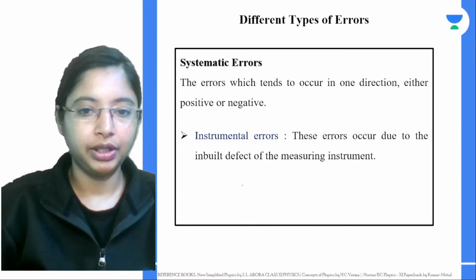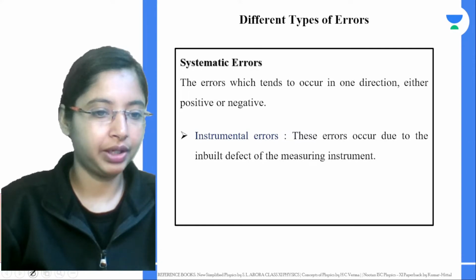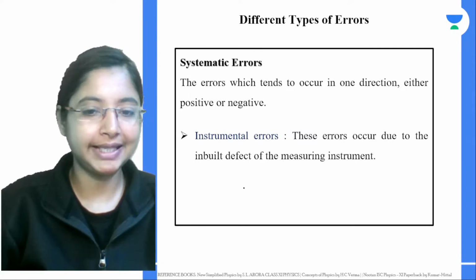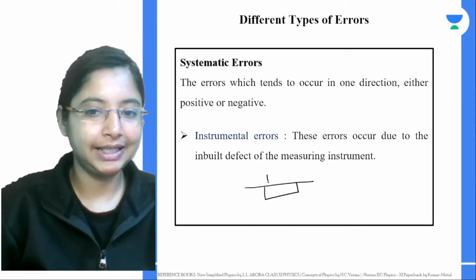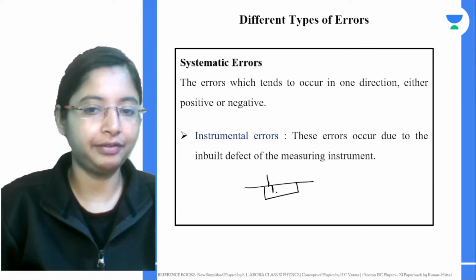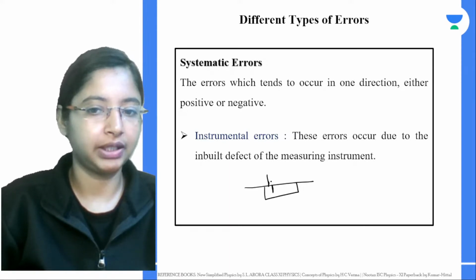In the vernier caliper, you have a main scale and a moving vernier scale. Now let's say the main scale first division and the vernier scale first division are not coinciding. They have to coincide. Let's say they are not coinciding. Then this is basically an instrumental error.